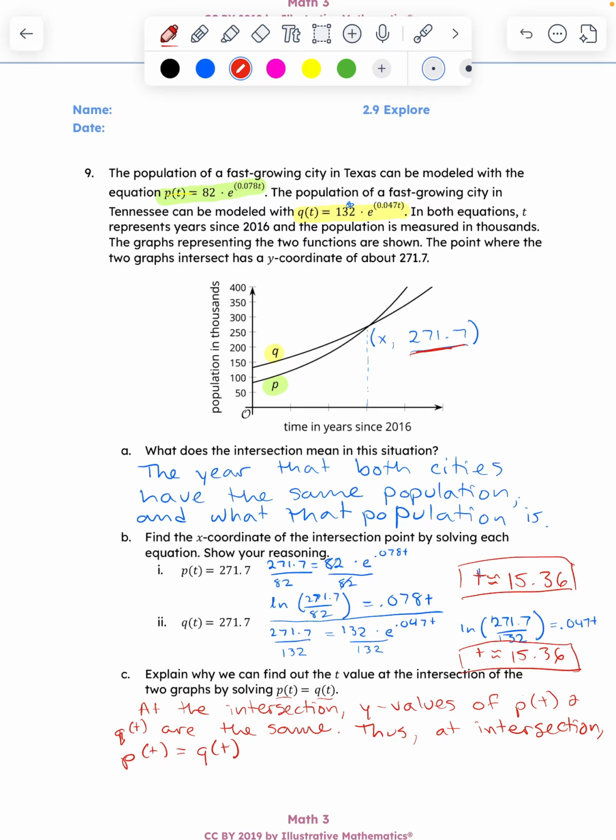When we set those equal to each other, that gives us a single variable equation. We'll just have t's. That'll be our only variable, right? With the same base, e, that we can solve.